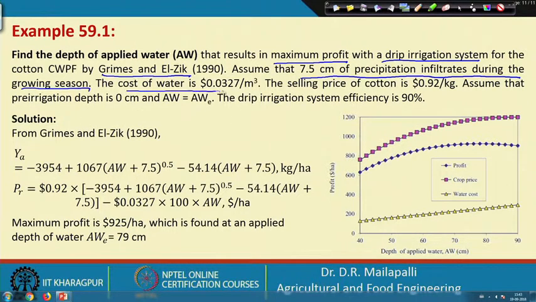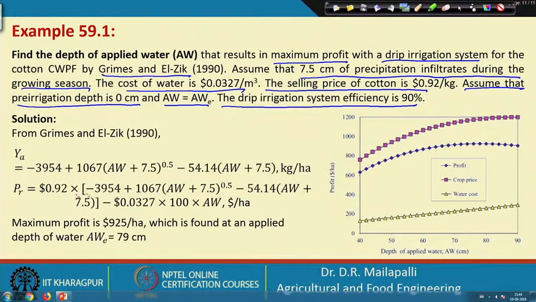The cost of water is 0.0327 dollars per meter cube. The selling price of the cotton is $0.92 per kg. Assume that the pre-irrigation depth is 0 centimeter and AW is equal to the experimentally determined AWE. The drip irrigation system efficiency is 90%, so AW will be equal to AWE.